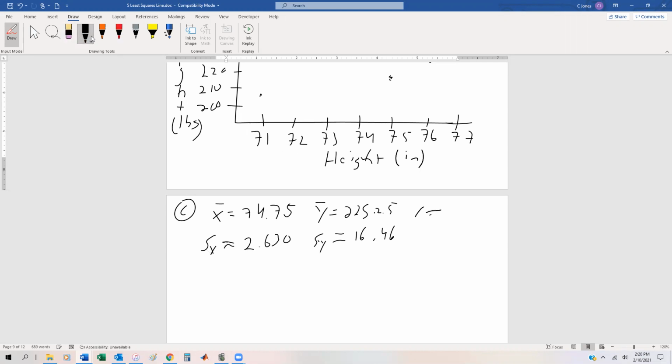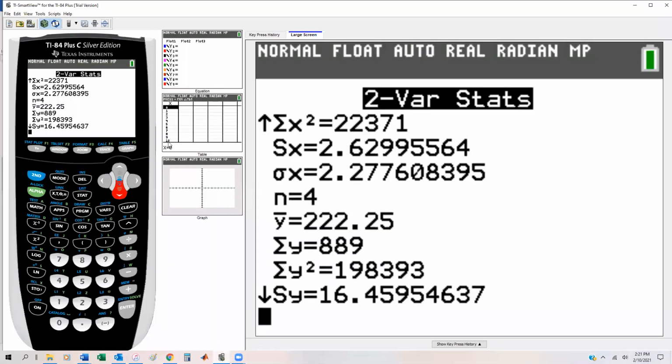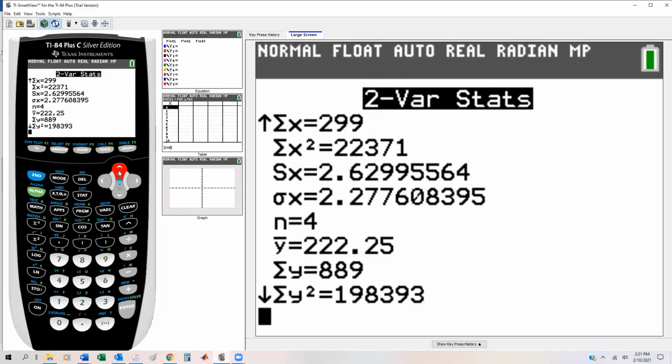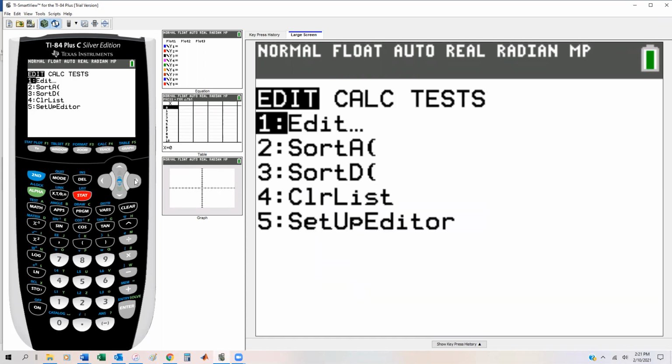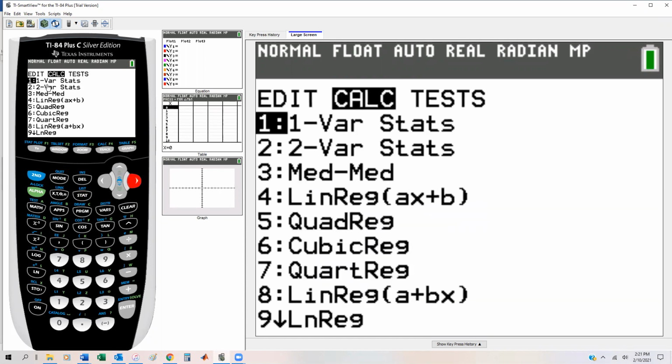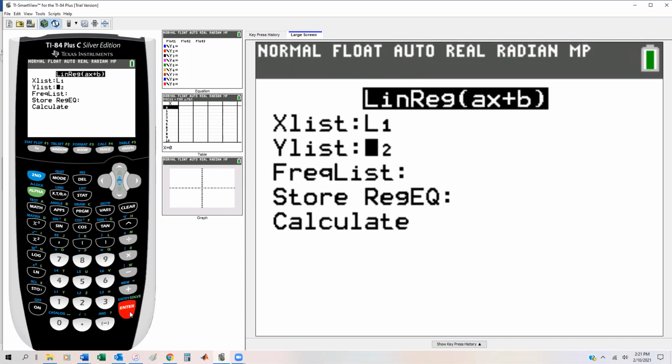Now for R, we're going to have to go into the calculator and do a slightly different command. To get R, we're going to hit stat, and go over to calc again. And instead of going to 2-Var Stats, remember you go to LinReg ax plus b. And we'll hit enter a few times.